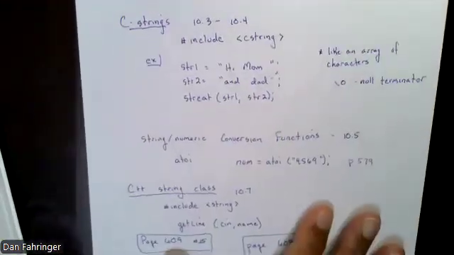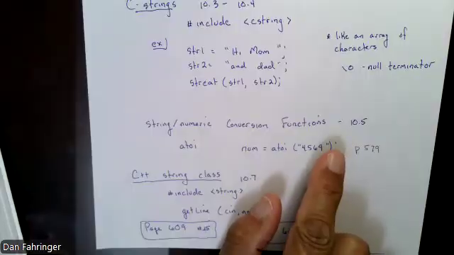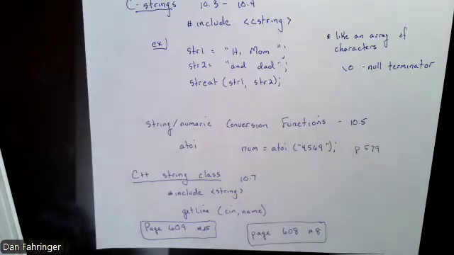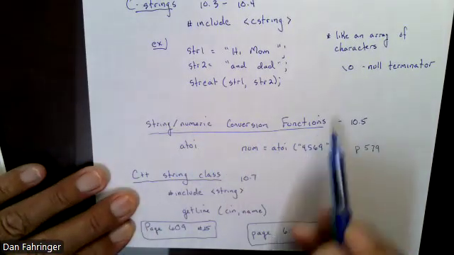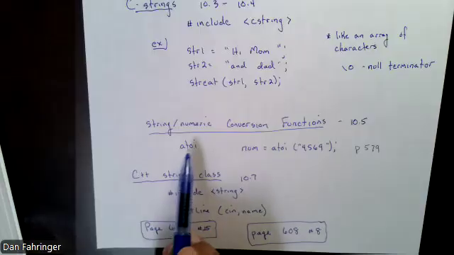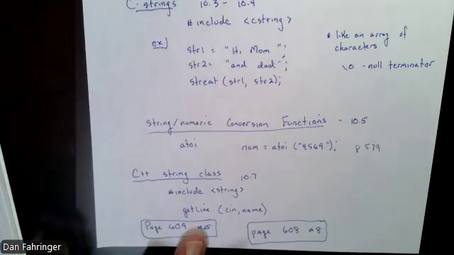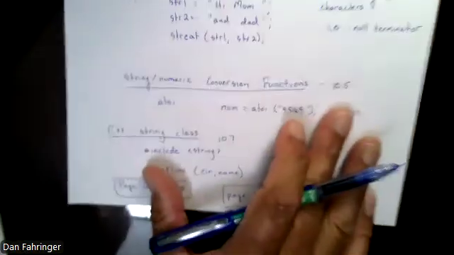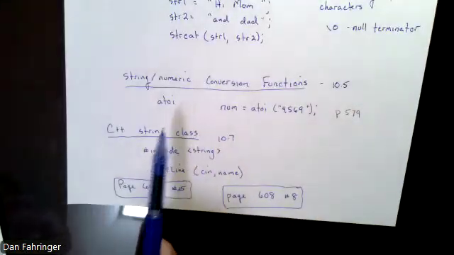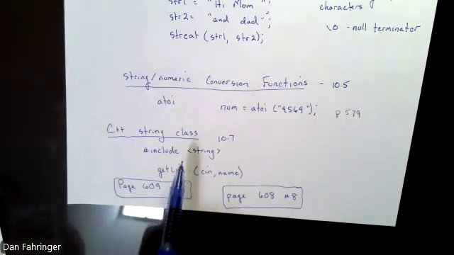So that was section 10.5. It was to do these conversions to an integer. I want to take a C string and convert it to an integer. Section 10.6, now we get into what we like, and that's the C++ string class.